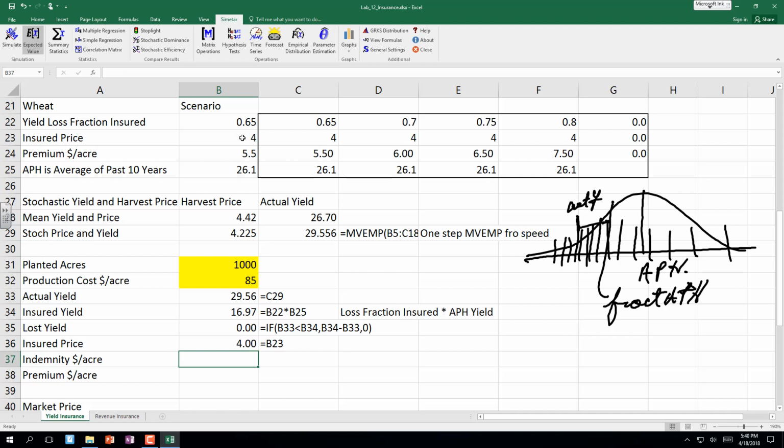Now, indemnity per acre is going to equal, we're going to write that out. You can't type an equal sign, because Excel thinks it's a formula if you type equal. It's equal to the lost yield times the insured price.